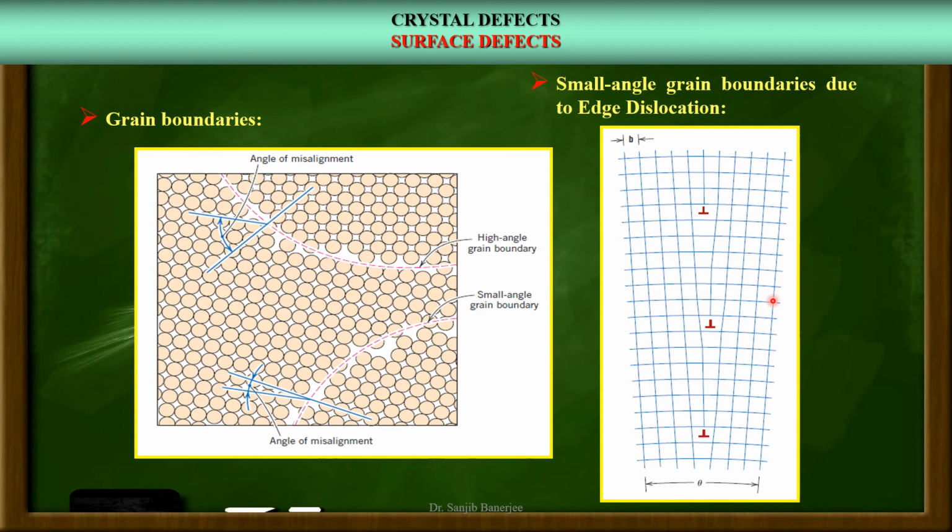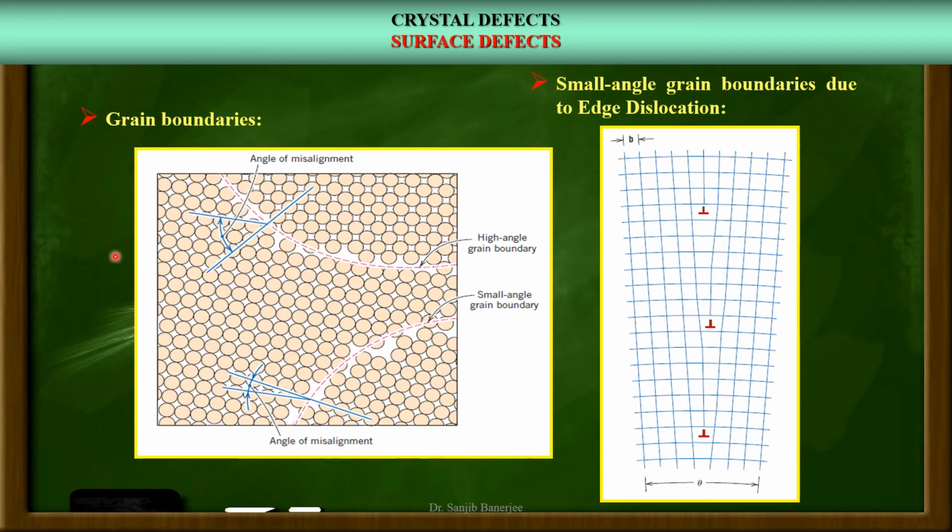This misalignment in crystal orientation is denoted by angle theta. This gives rise to small angle grain boundaries which divide the grain into two subgrains.